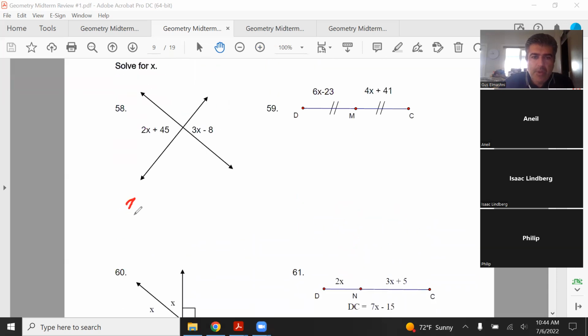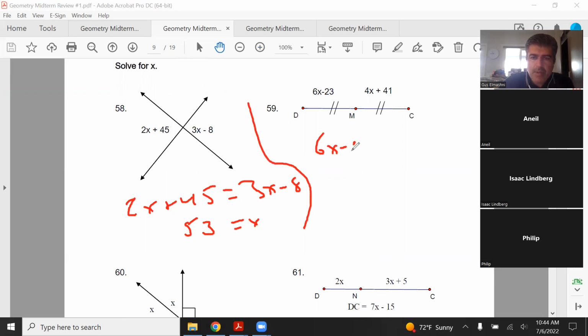Here, 2x plus 45 must equal 3x minus 8. So in this case, x equals 53. You work it out. Here, 6x minus 23 has to equal 4x plus 41 because both those segments are the same, because that's what those markings mean.